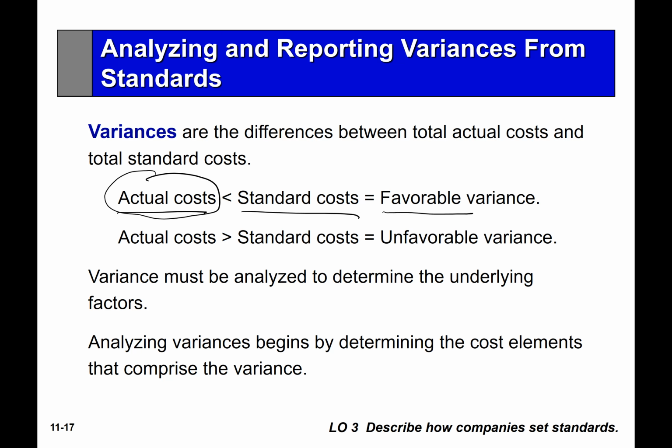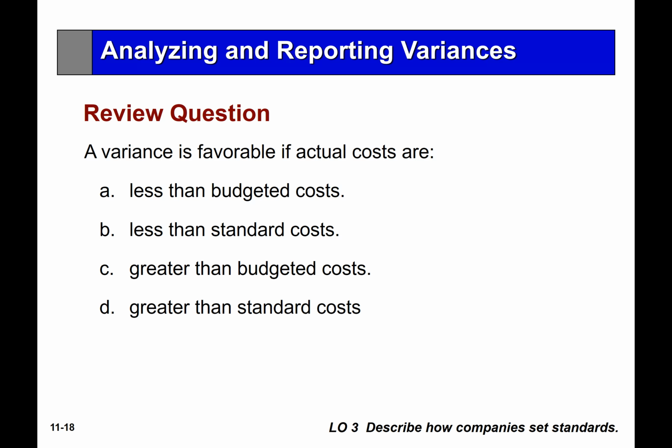That's why your costs are less. So it's a favorable variance. But whenever your actual costs are greater than your standard costs, it's an unfavorable variance. So this is the idea. A variance is favorable if actual costs are less than standard costs, because in this chapter we are focused on standard costs. We are not focused on the budgeted costs in this chapter.